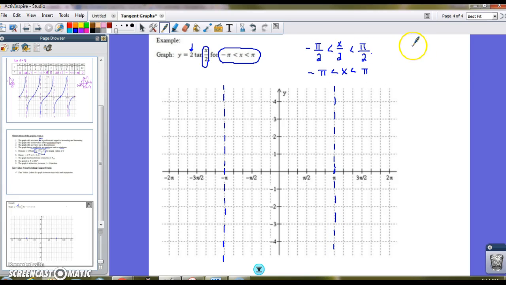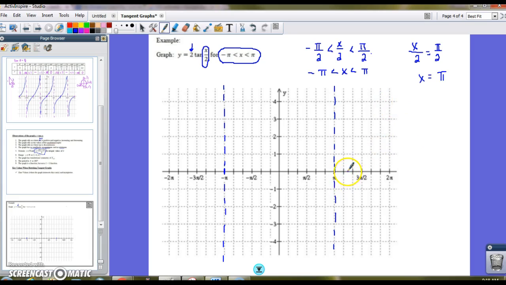I know that whatever the angle is, it would have an asymptote at pi over 2, and then you could just solve this for x. We can just say the angle would have an asymptote at pi over 2, and you could think of it that way as well.